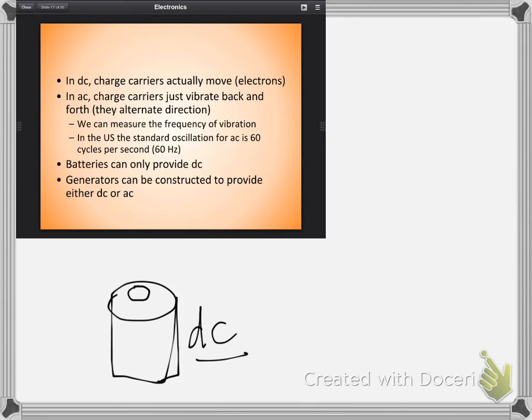The car battery provides DC. How do you fix that? With a transformer. Actually, they're called inverters. The inverter converts the direct current into alternating current.